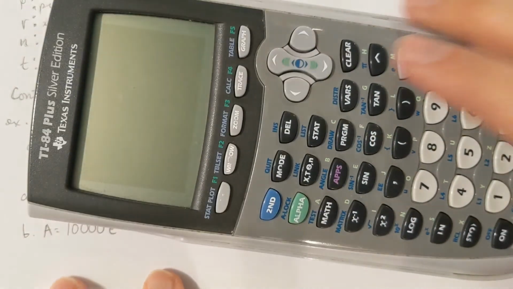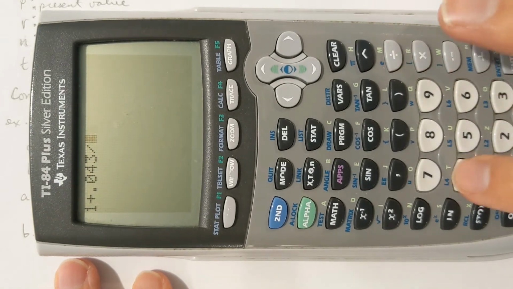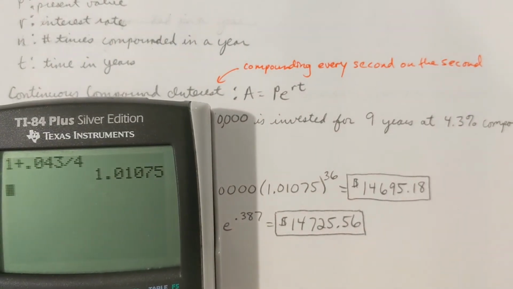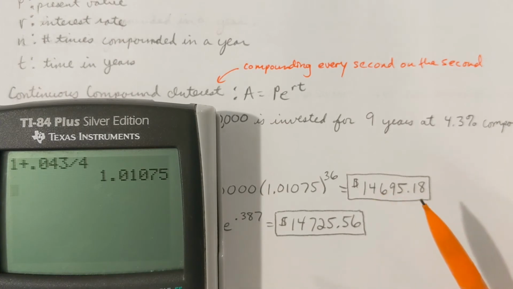If you type in 1 plus 0.043 divided by 4, I'm getting 1.01075. I'd want to use all the digits on the calculator if possible, because I want this to be as exact as it possibly can.